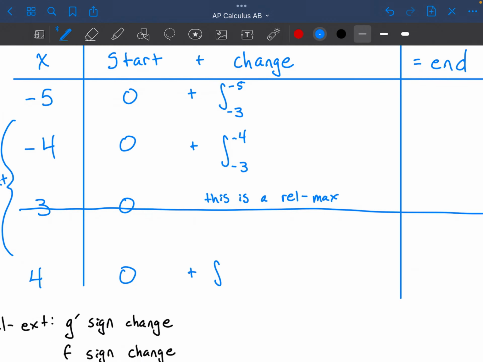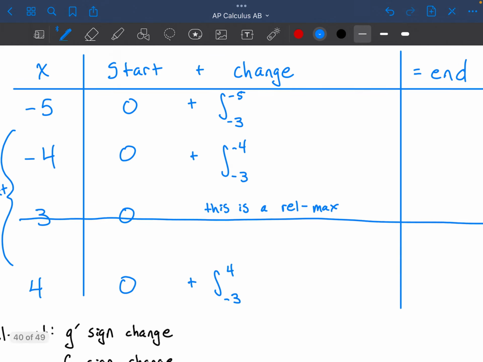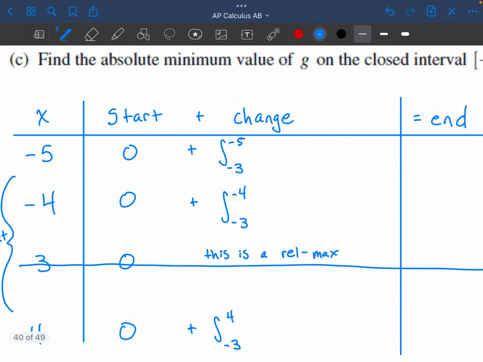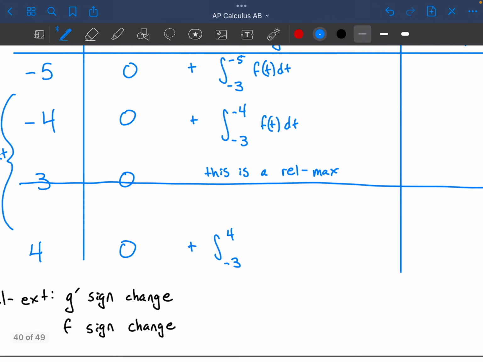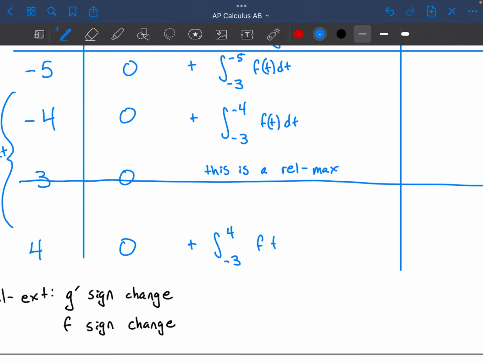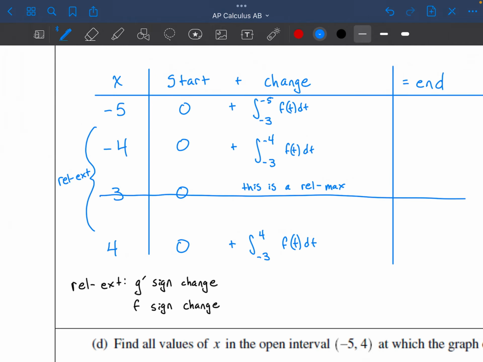And lastly, we're going to have plus the integral from -3 to 4. And we should have an f of t dt in all of these: f of t dt, f of t dt, and f of t dt.